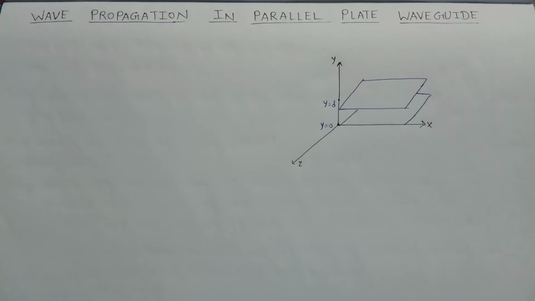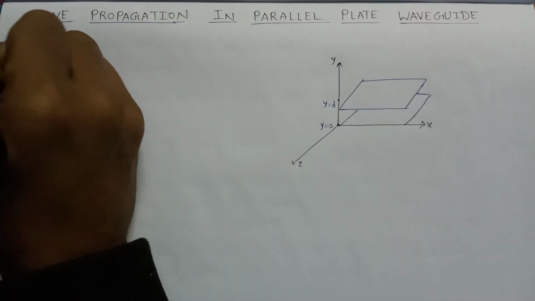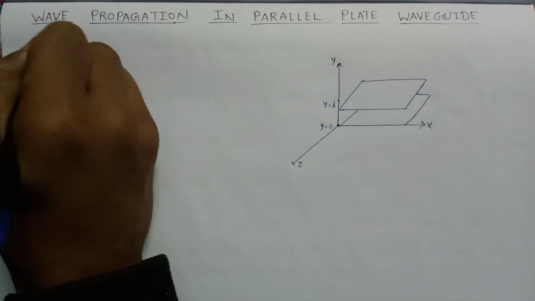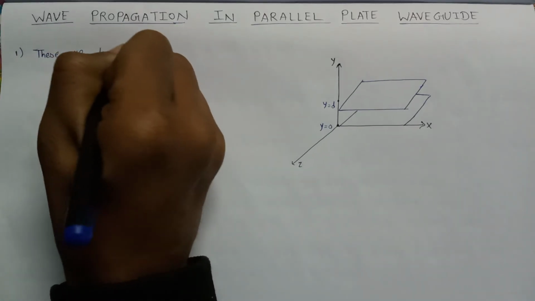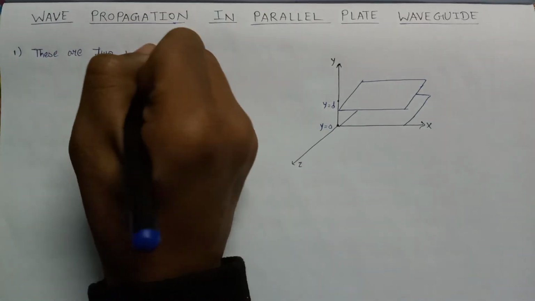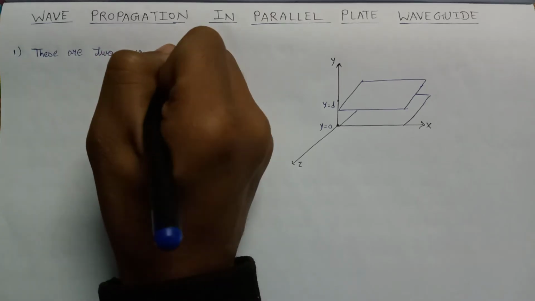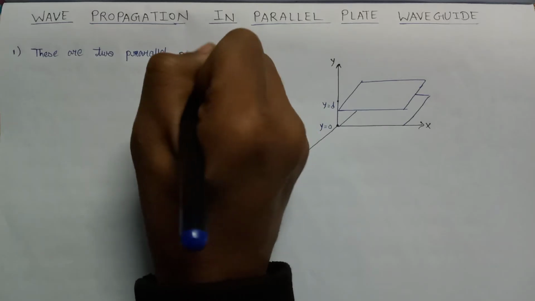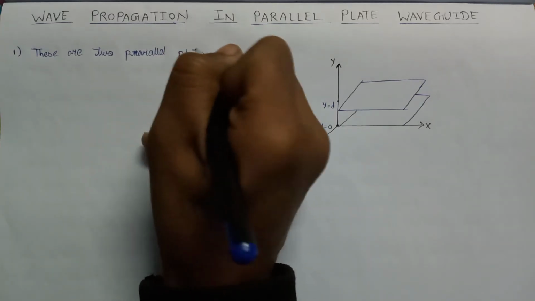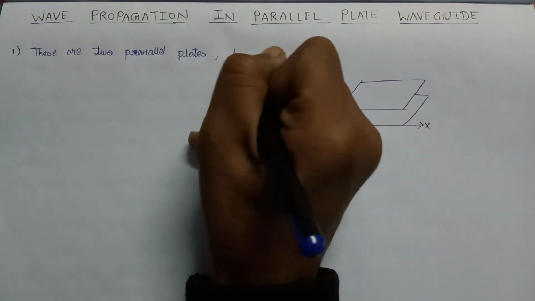So these two plates are called a parallel plate waveguide, and these two plates are separated by the distance d only. So let me write it. These are two parallel plates termed as parallel plate waveguide.